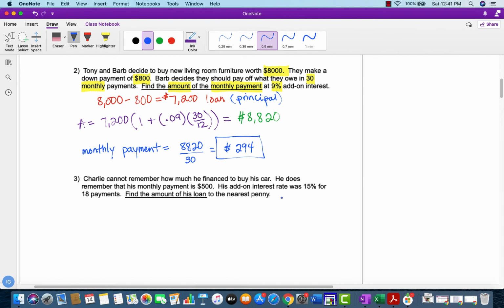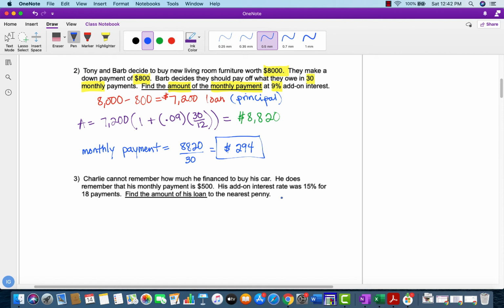It says Charlie cannot remember how much he financed to buy his car. He does remember that his monthly payment is $500. His add-on interest rate was 15% for 18 payments. Find the amount of his loan to the nearest penny, so to the second decimal, basically.